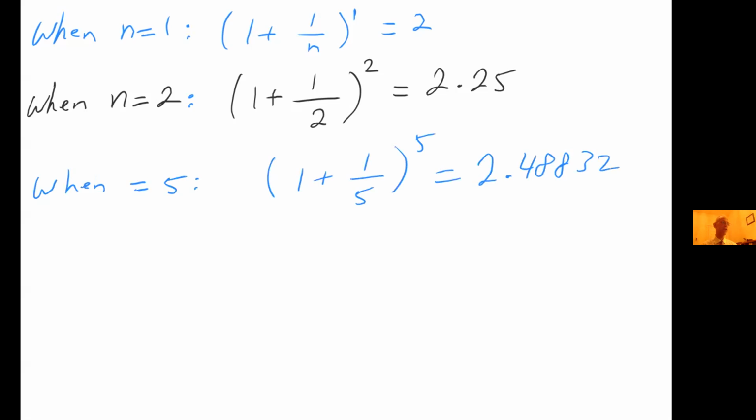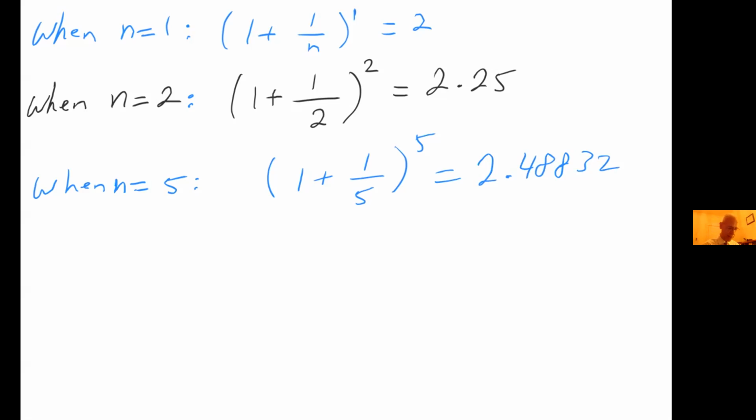So our natural instinct tells us that as n is increasing, this number will just go more and more and more, and you'll just make infinitely more money. But not so. Let's continue.